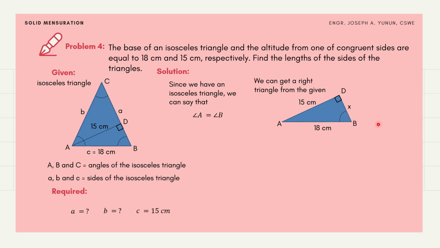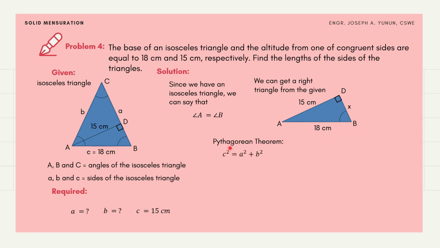So let's continue. Using the Pythagorean theorem to solve for the unknown value, you have the hypotenuse side based on this right triangle, and then side a or b, either of the two you can use. So the unknown is the other side here, x.